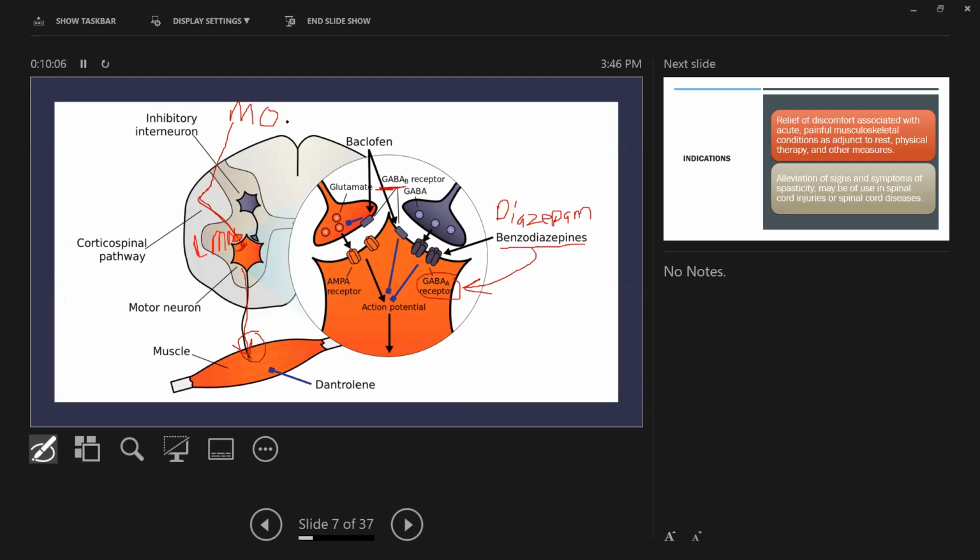There are inhibitory neurons there, and they're regulated by serotonin. And if you inhibit these with a serotonin antagonist, you'll have decreased signal down here. That's how cyclobenzaprine works.